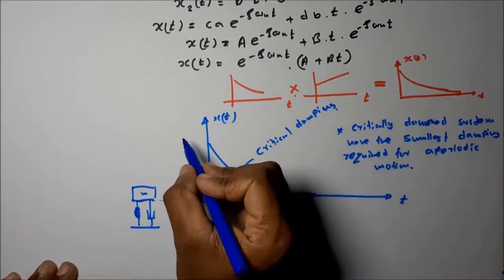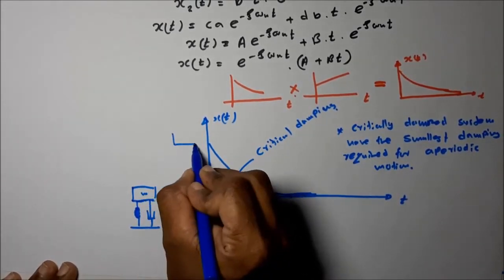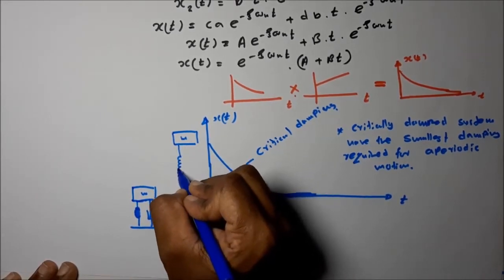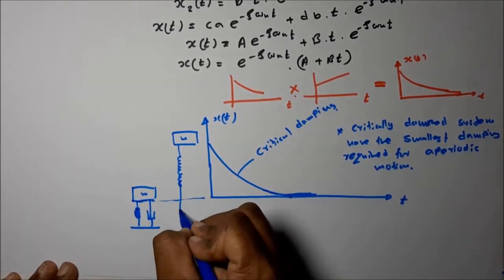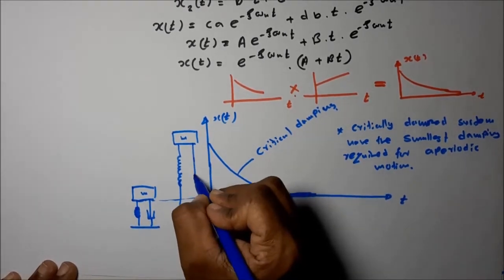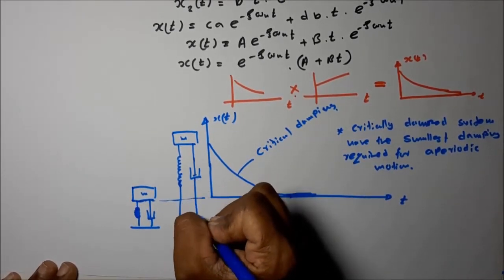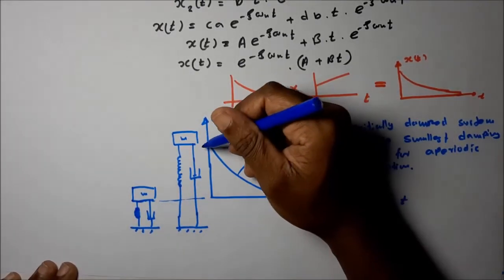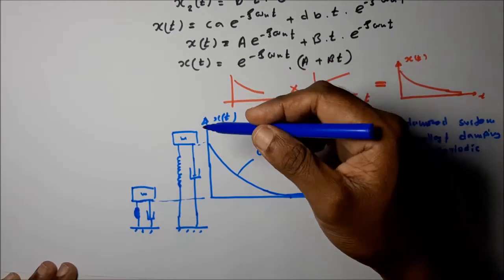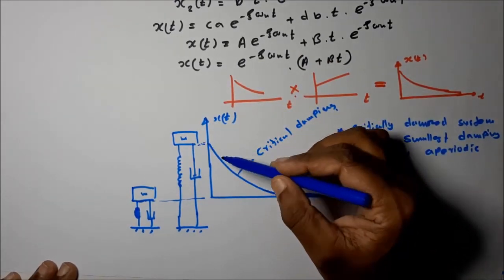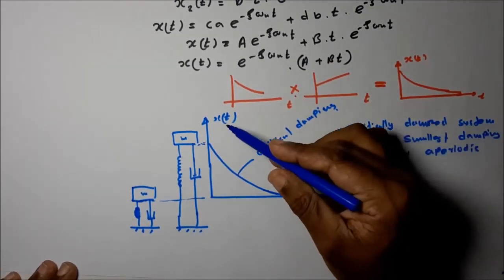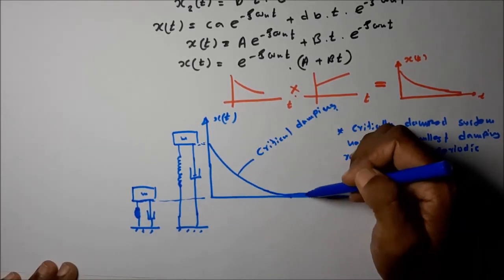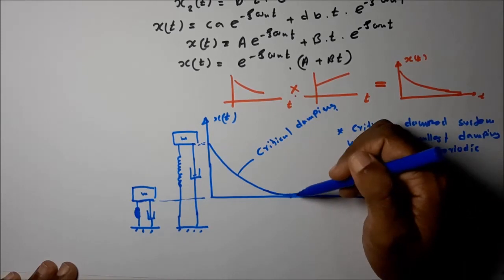If you take the system to this position, let's take position M, and release from this position, the system reaches x equal to 0 following this curve.